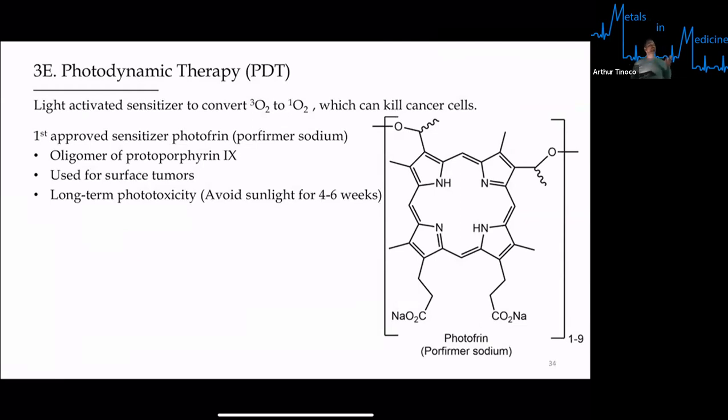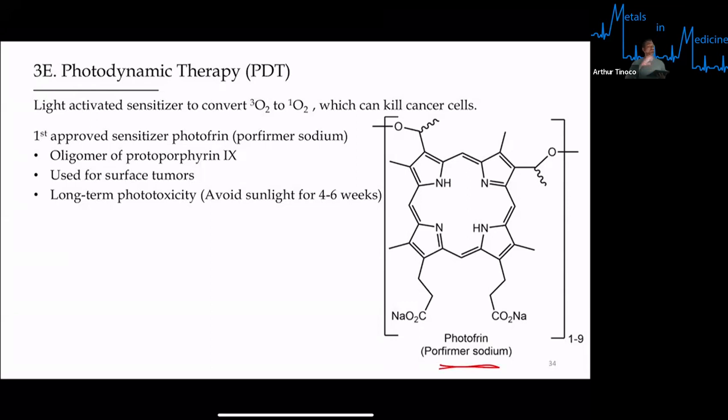And that sensitizer is going to convert oxygen from its triplet state to a singlet state. And so the singlet state is actually a very reactive form of oxygen that can have the capability of killing cancer cells. And so in the original application of this technique, you had these type of compounds like Photofrin, or porfimer sodium, that was used.